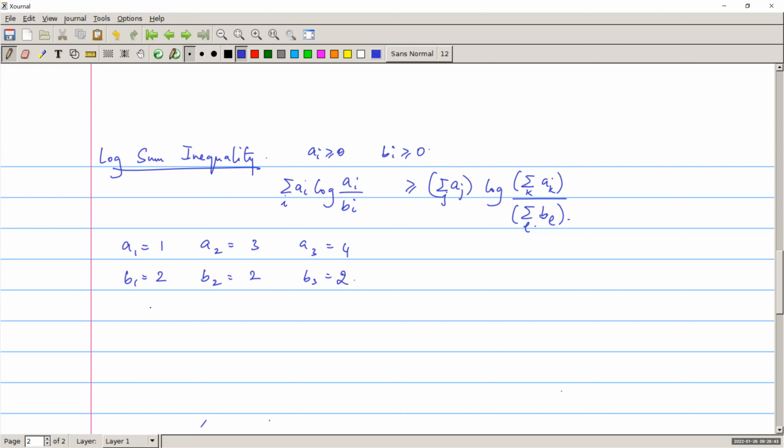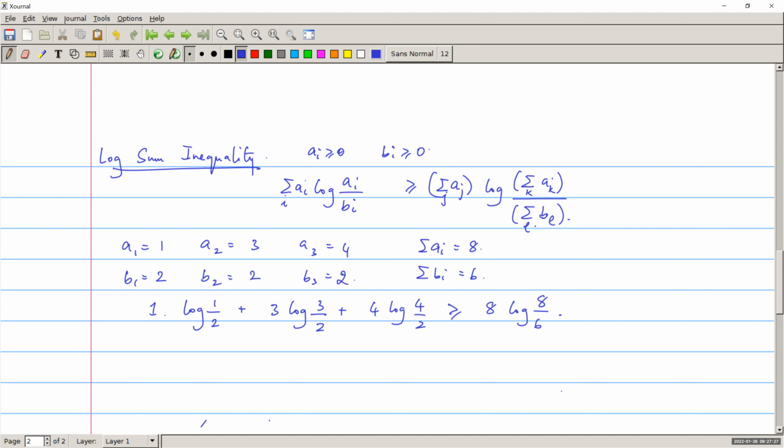Then it tells me that 1 log 1 over 2 plus 3 log 3 over 2 plus 4 log of a3 over b3 is greater than the right side. The summation of a_i is 1 plus 3 plus 4, which is 8, and the summation of b_i is 6, so the right side is 8 log 8 divided by 6. Does that make sense?